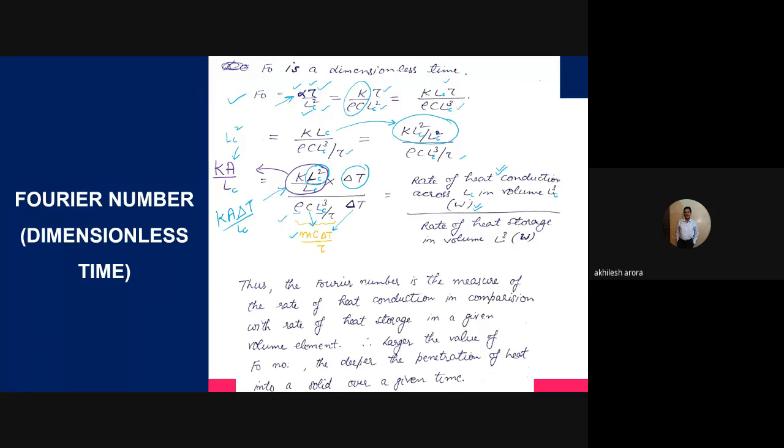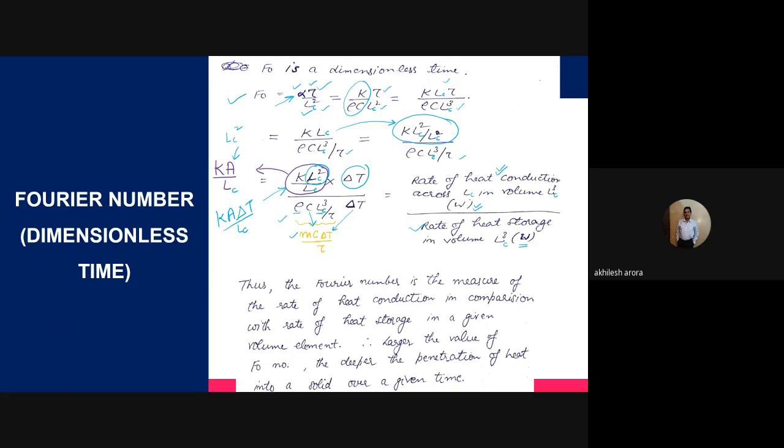It is the rate of heat storage in volume LC cube, and this value is also in watts. So you can see now that the Fourier number is the rate of heat conduction across a solid divided by the rate of heat storage in the same solid. So it is similar to the definition of thermal diffusivity.